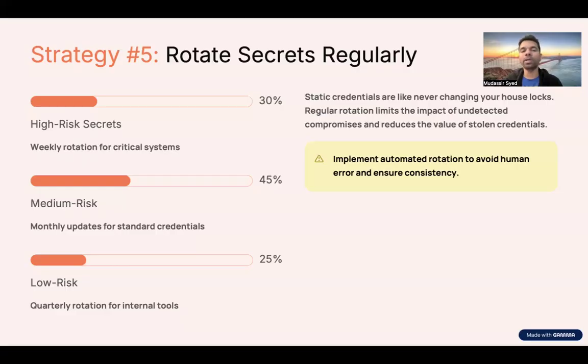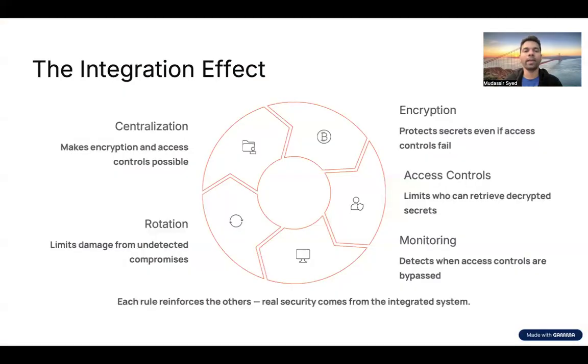And remember to do this rotation in an automated way, and do not do it manually, because manual rotations could lead to manual errors, and that would result in your applications becoming unserviceable. So make sure your rotations are automated.